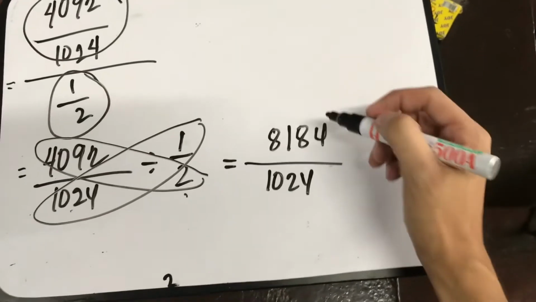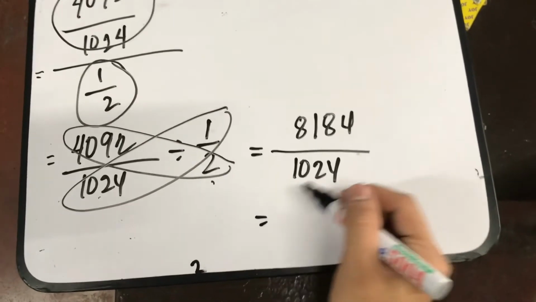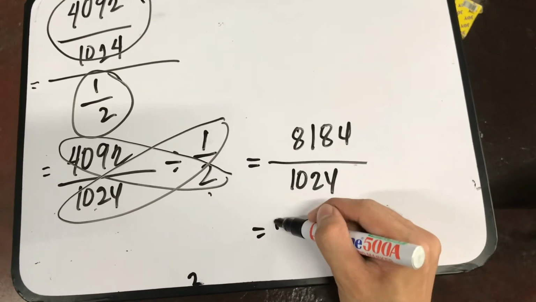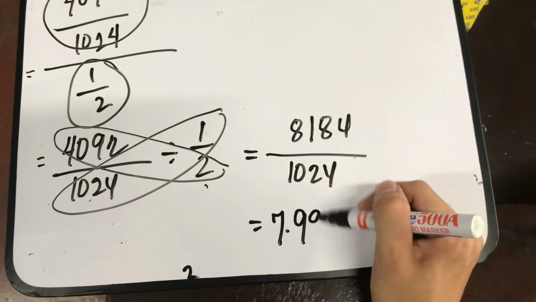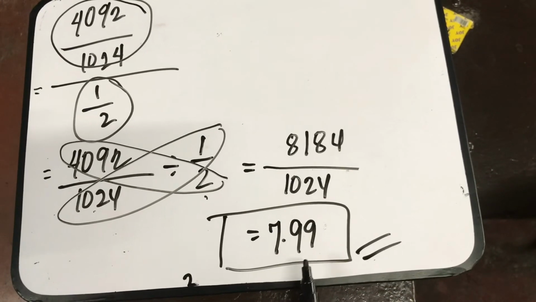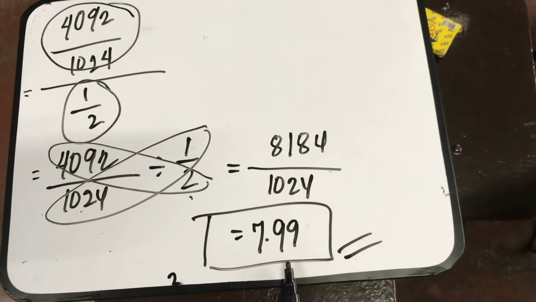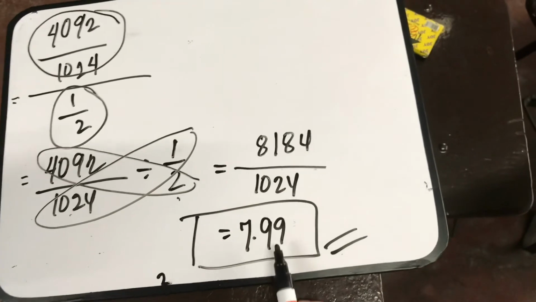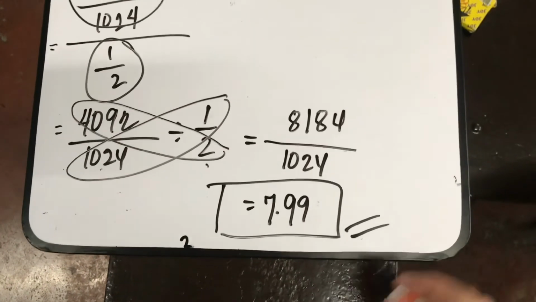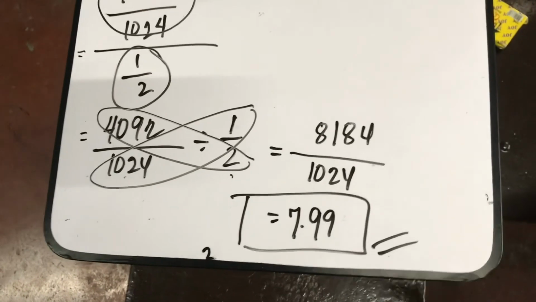So, dito, pwede naman natin siya i-simplify or kapag compute natin yan, 8,184 divided by 1,024, that is 7.99. So, this is our final answer or sum of the 10 terms of the sequence na given natin. Okay, so sana mas naintindihan at naliwanagan.